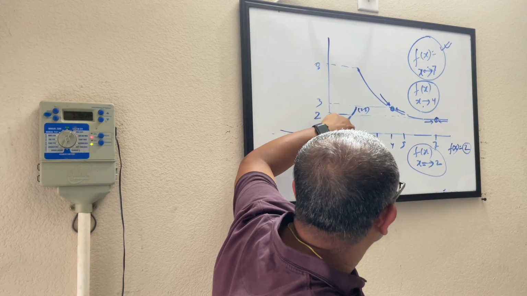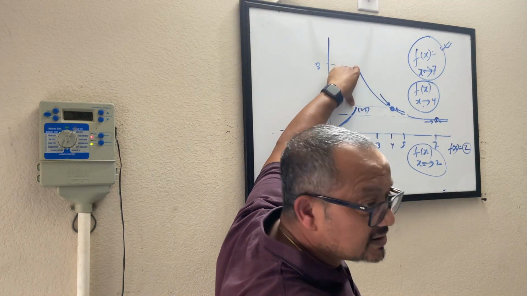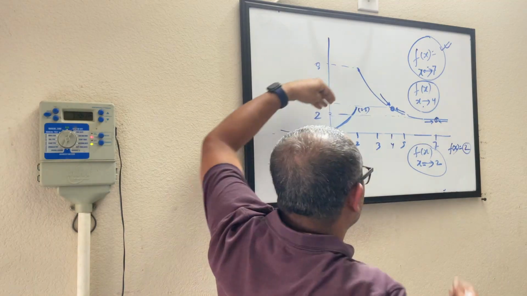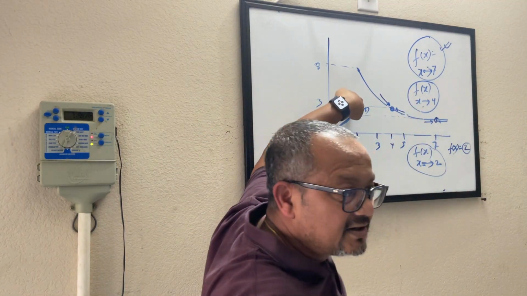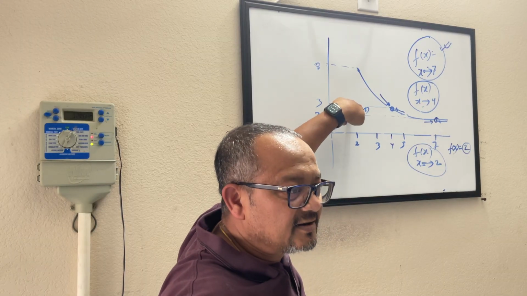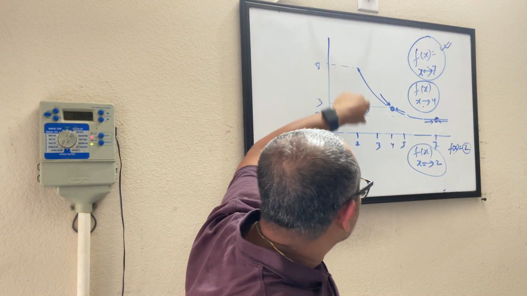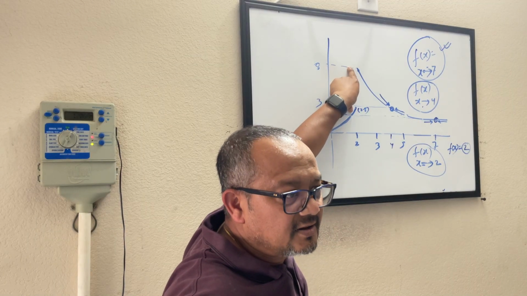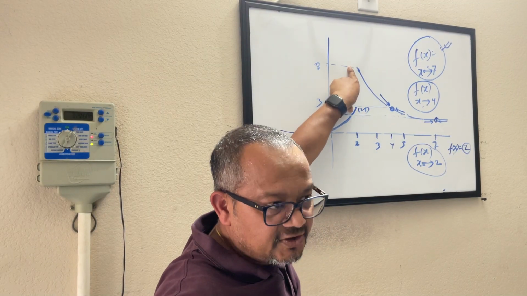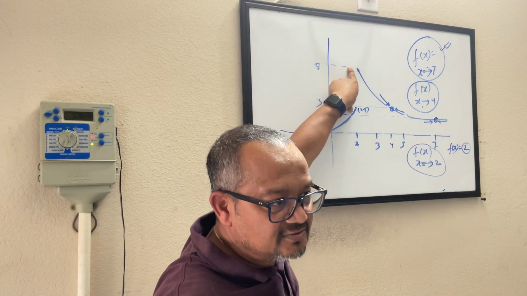For x equal to 2, what you are seeing is, when you are approaching from left or from right, they are not meeting at one point. So at x equal to 2, it becomes unbound. The function is not defined for sure, and there is no limit also.